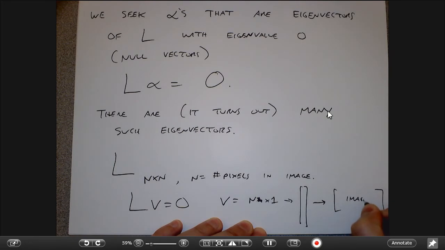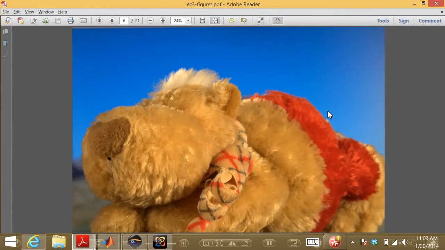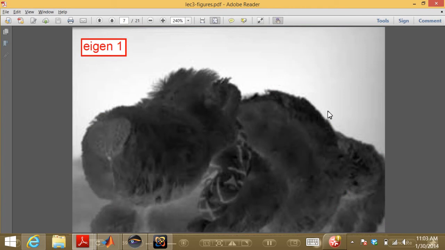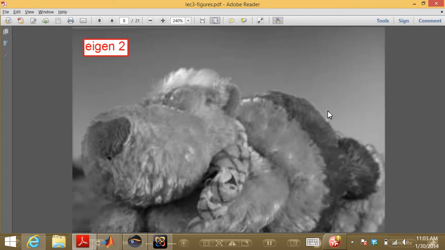In some sense, what I did to create L in the first place was take all the pixels in the image and lay them out like a long column vector. Once I've got an eigenvector, I can turn it back into something that looks like a grayscale image. If I do that for this example, here are the first few eigenvectors interpreted as images. I get this, this, and this.